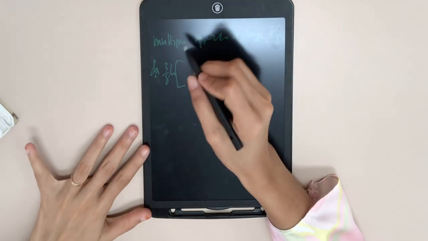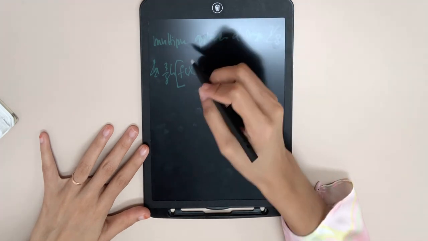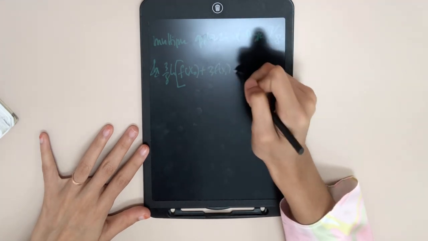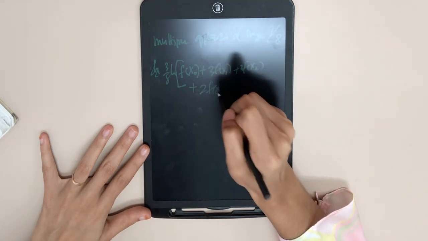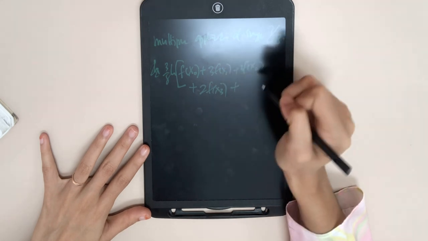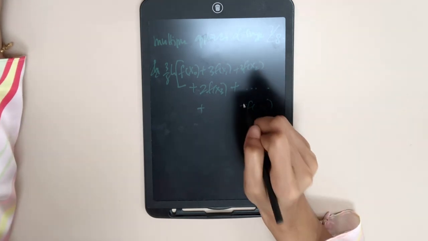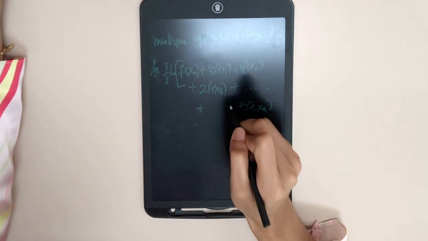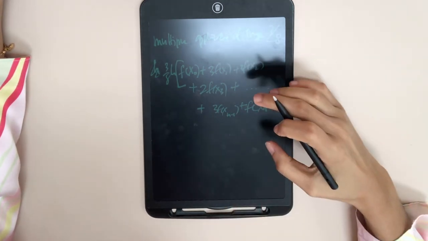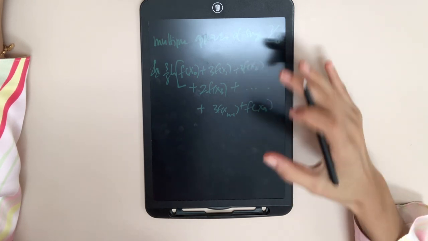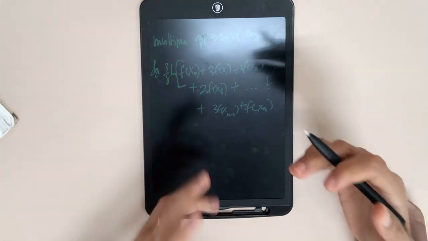Then what we have here is f(x0) plus 3f(x1) plus 3f(x2) plus 2f(x3) plus, and so on, plus f(xn). And before f(xn) must be 3f(xn minus 1). So this formula isn't fixed. It depends on the number of data that you have.